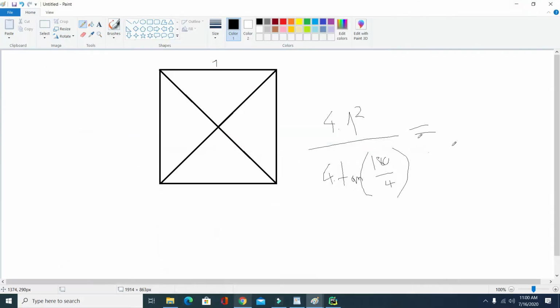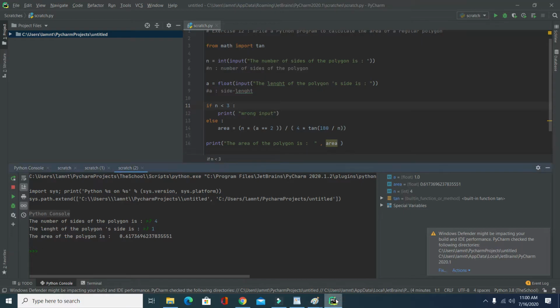So it works. So this formula works. So we're mistaking this for a degree.